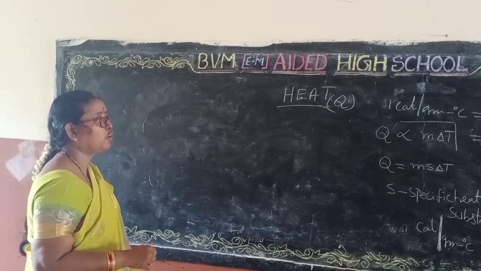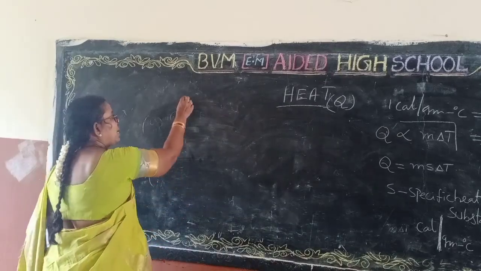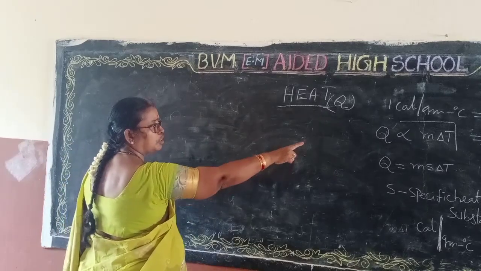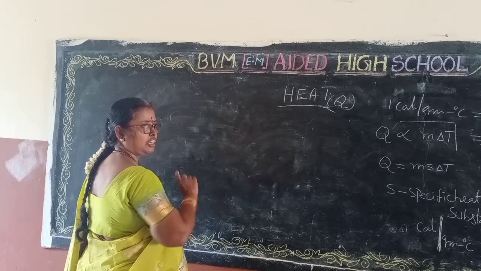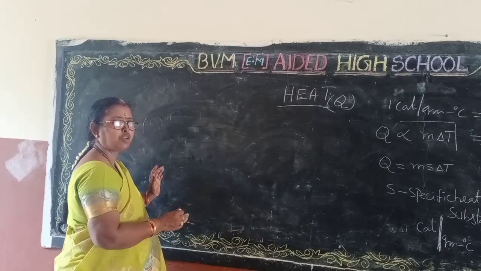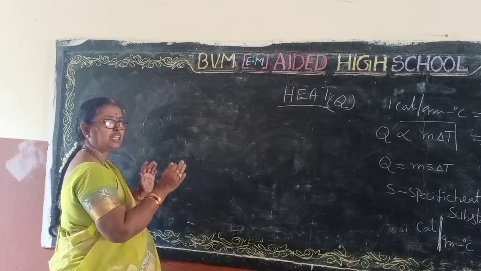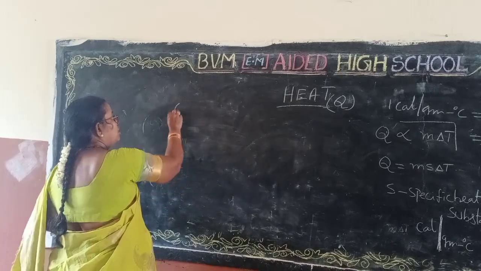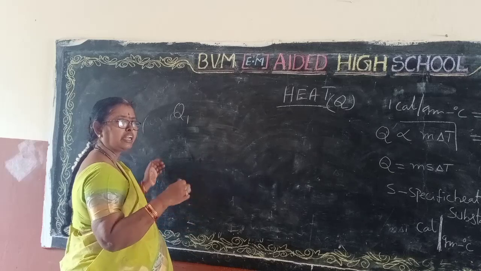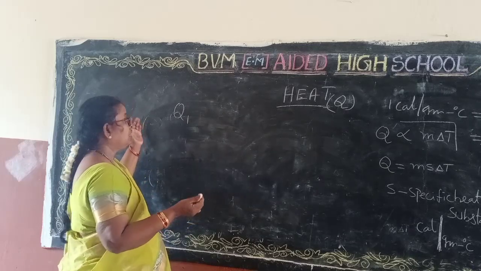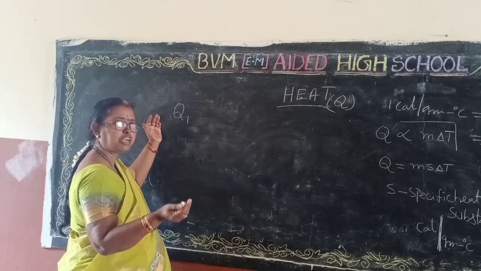So from this what we understand, Q is directly proportional to M delta T, that is Q is equal to M S delta T. In the before activity, if you observe, when different substances are there, suppose you take water or copper or any two substances, the different substances will receive different energies.